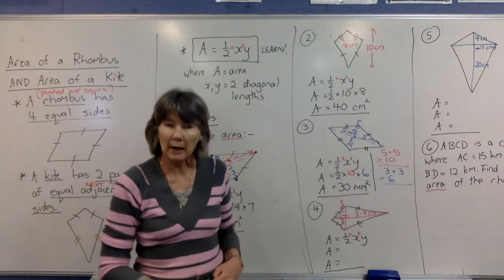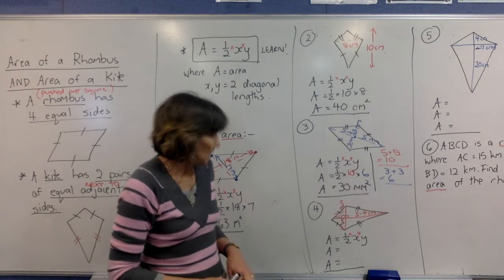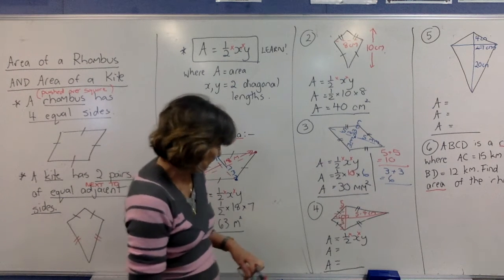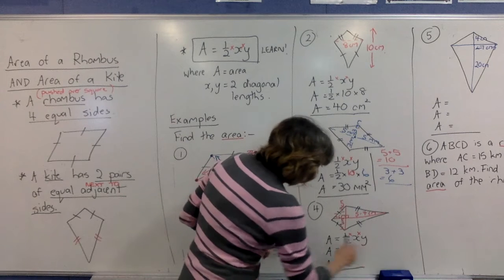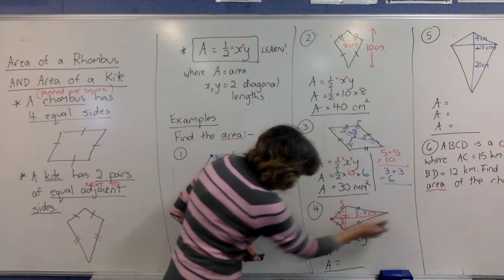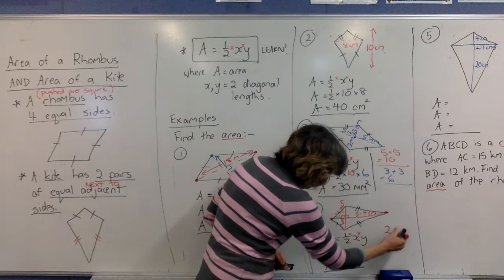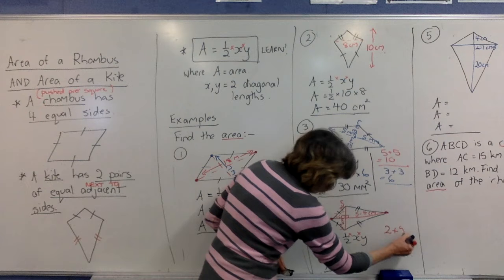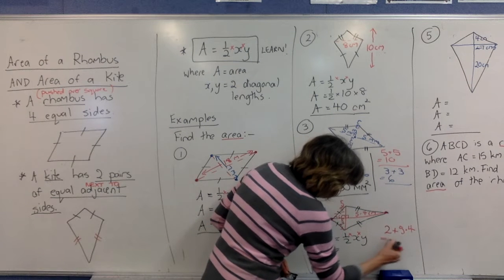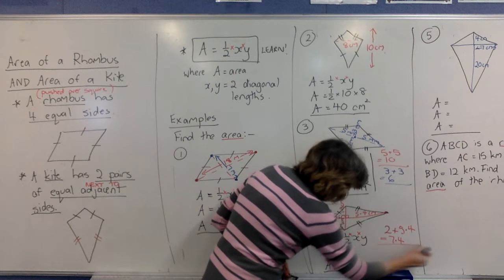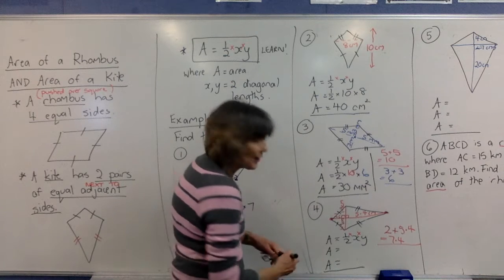Area equals a half times x times y. Now, let's have a look at our diagonal lengths here. So if we have a look at this one going along here, from here to here, that's going to be 2 plus 5.4. So if you use your calculator and add that up, you'll get 7.4. So that's one of our diagonal lengths.